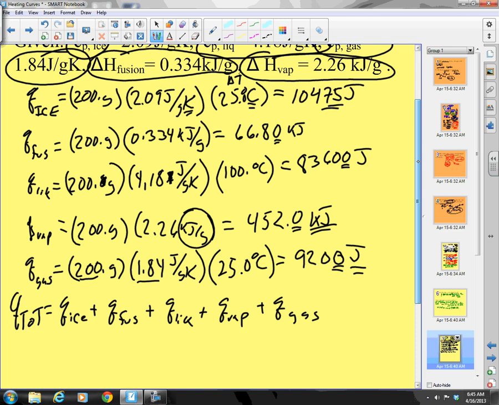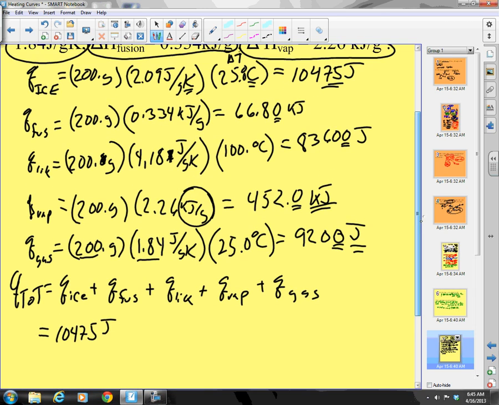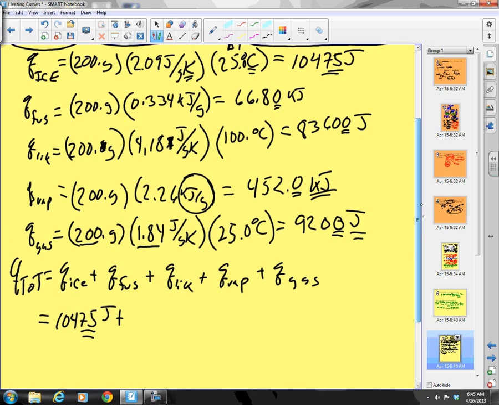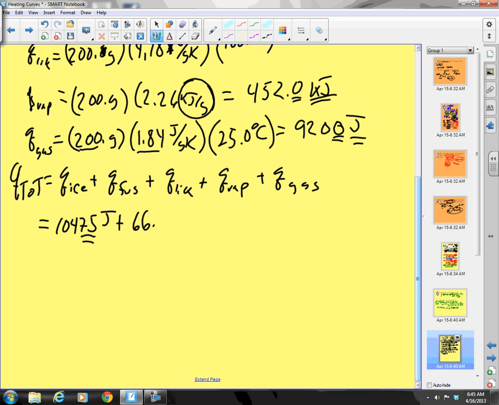Okay, Q ice is 10475 joules, and the last two are not significant. Plus Q fusion was 66.8 kilojoules, but there are what? 1,000 joules per 1 kilojoule.